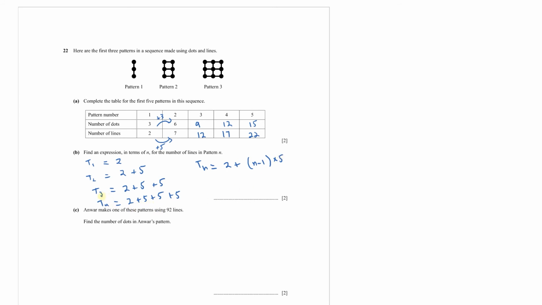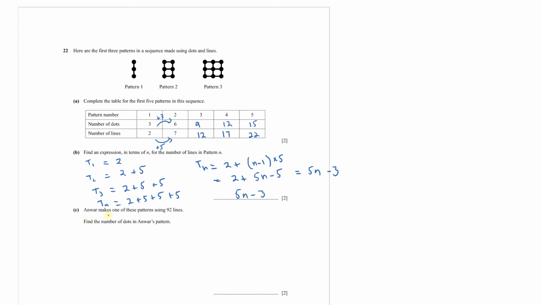For the third term, there are two 5s here. So this will be 2 plus 5n minus 5. And let me continue it here. So this will be 5n, 2 minus 5 would be minus 3. So this expression is 5n minus 3.